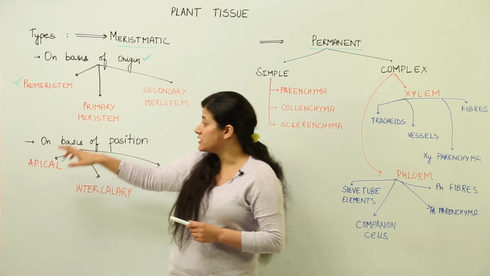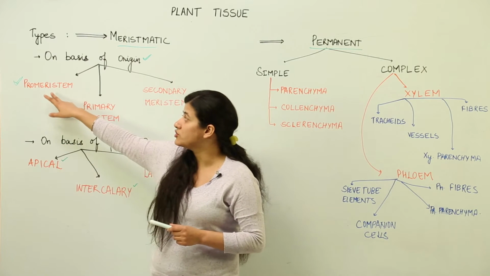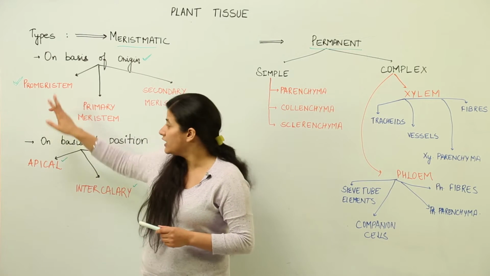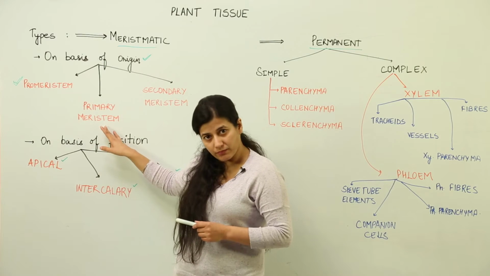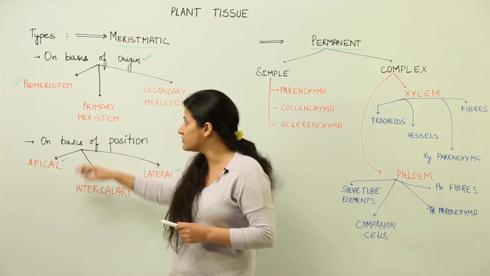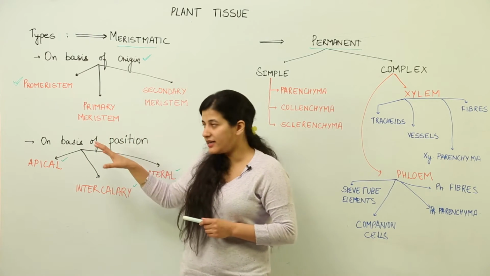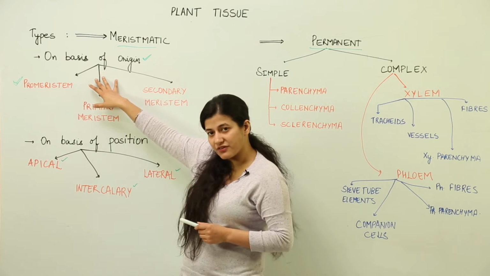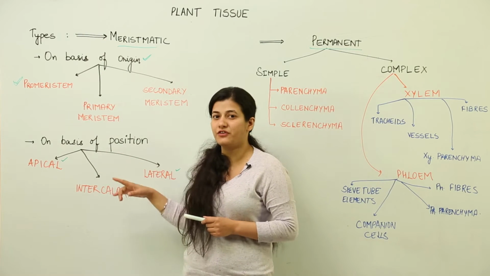It is a possibility that the apical meristem would have originated from the promeristem only. The apical meristem would have primary meristem, the intercalary meristem would have these meristems. So basically the basis of classification is different, that's why we are having different types.